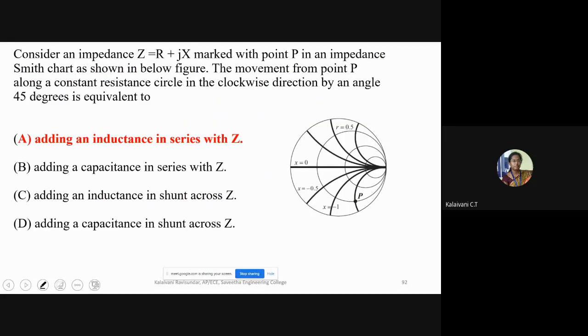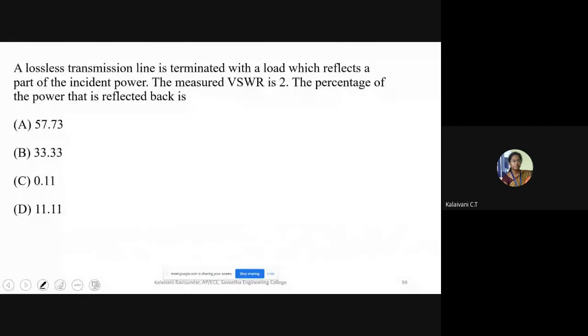Next question: the lossless transmission line is terminated with a load which reflects a part of the incident power, the measured VSWR is 2. The percentage of the power that is reflected back is? What is given in the question?